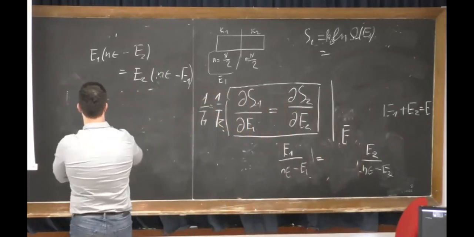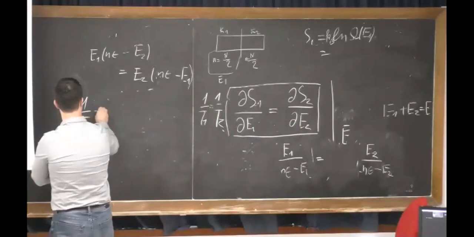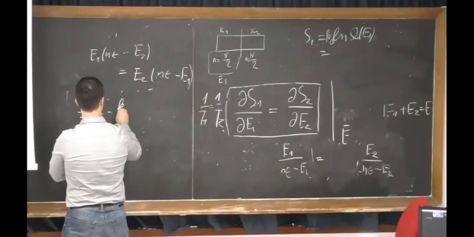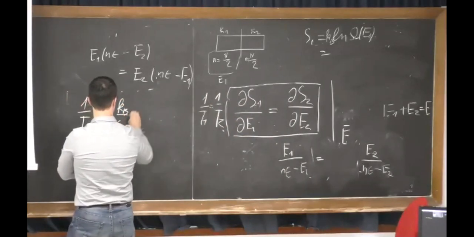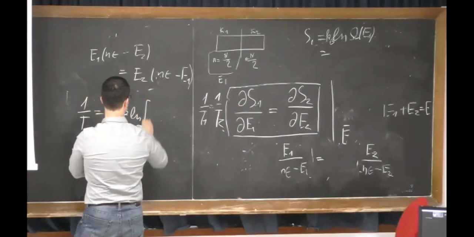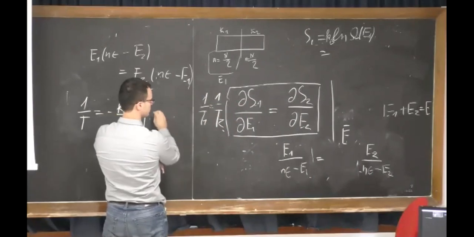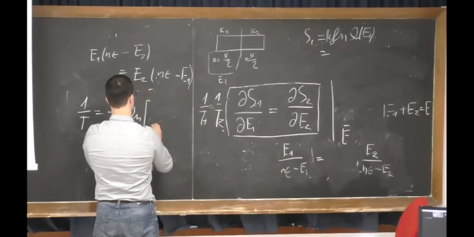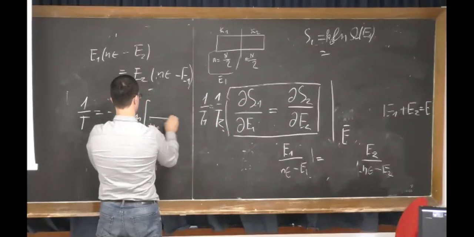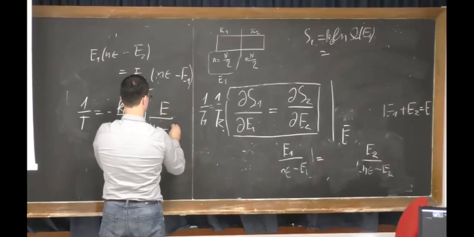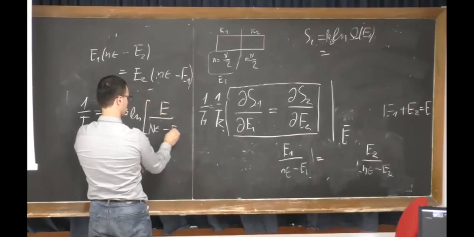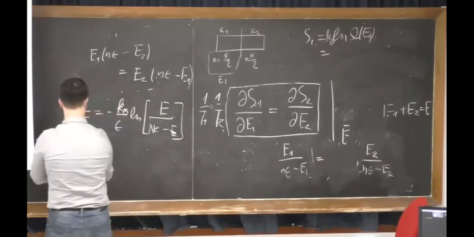So, Kardar found this formula: minus KB over epsilon logarithm of... can you read it to me, please? Over... and minus E? Yes. Okay, and we found this formula.